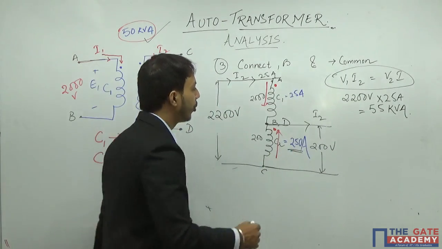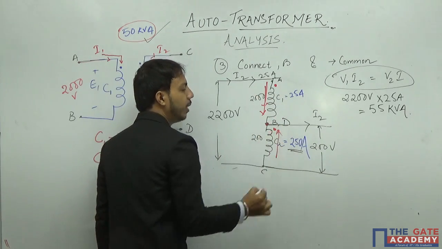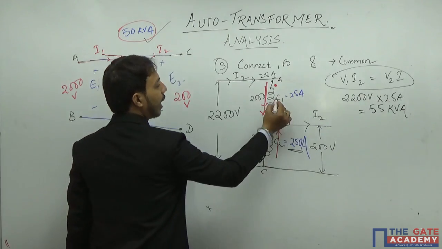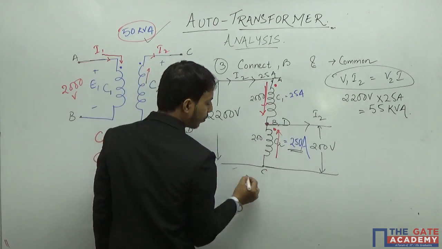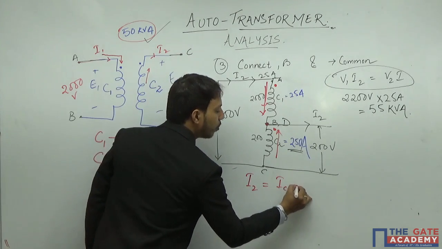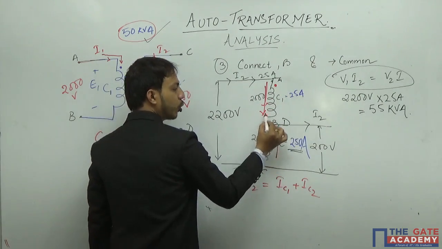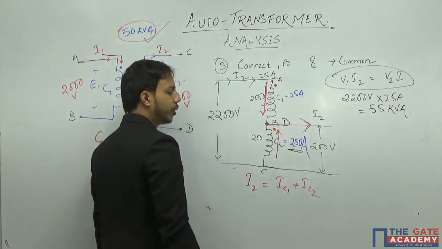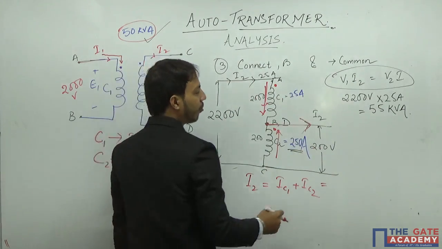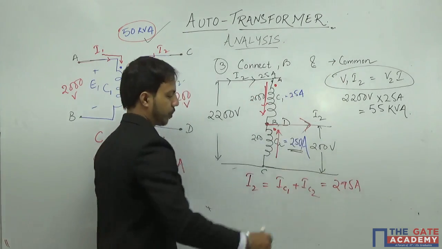So if this is 250 and this is 25, I can apply KCL here, the current law. Say this is IC1 and IC2. So I2 will be IC1 plus IC2. This current is coming here, this current is coming here, so both of them together will come out through IC2. That means 250 plus 25, that means 275 amps.